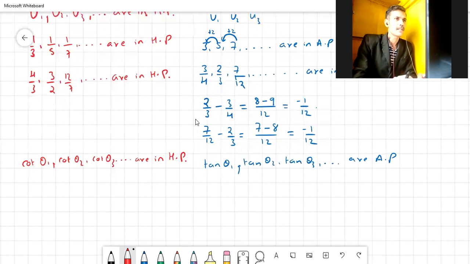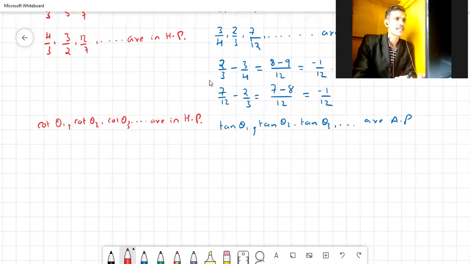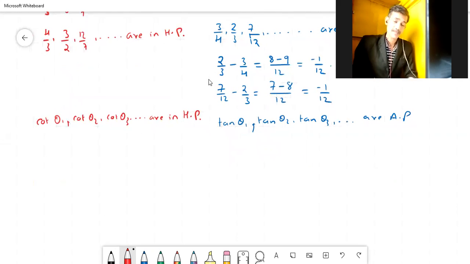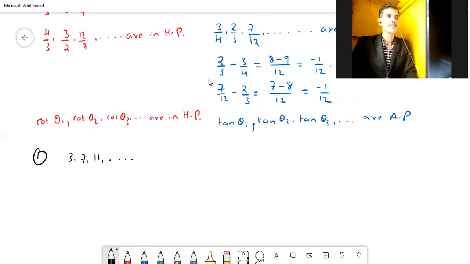Okay. We have three progressions majorly: arithmetic sequence, geometric sequence, and harmonic sequence. How to identify them? One by one we'll see. First, take an arithmetic sequence like 3, 7, 11, and so on. Here it is an arithmetic sequence.